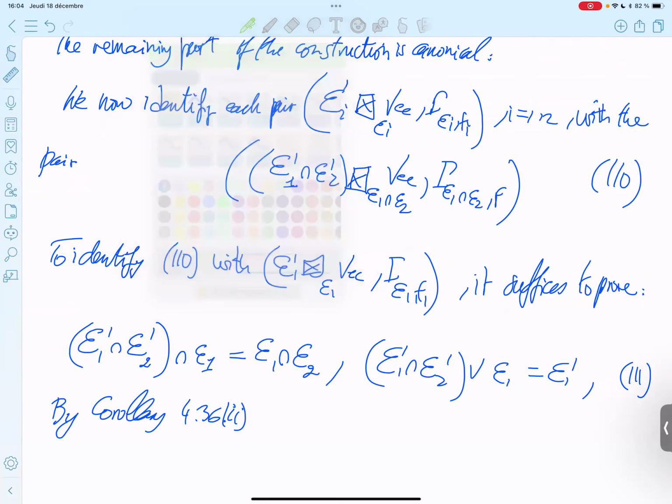So when I say it suffices to prove that by this corollary, in the framework of this corollary, you have this.